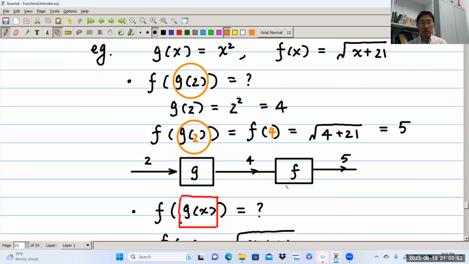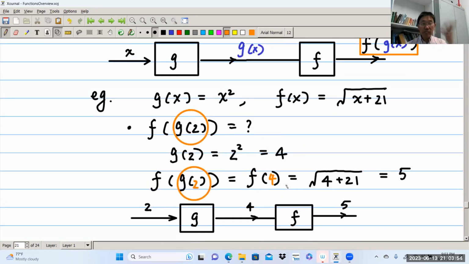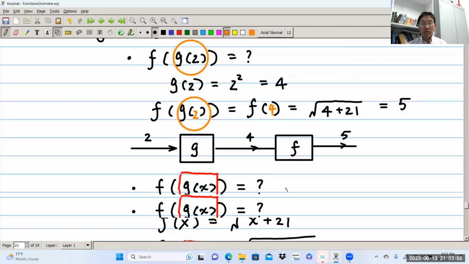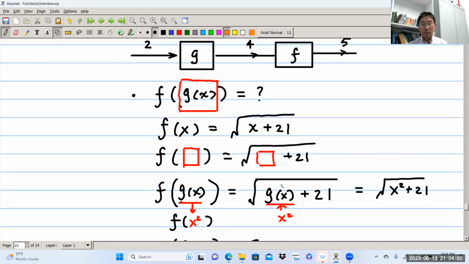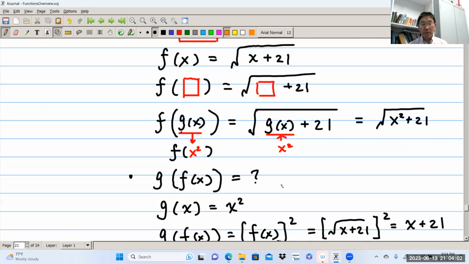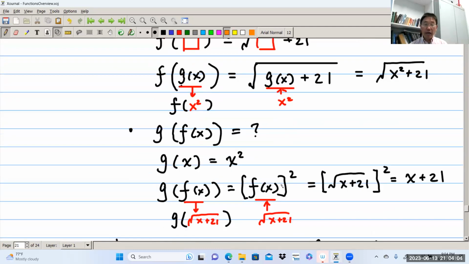Typos here. Now, if I switch the order, suppose I supply X to F, then use the output of F as the input of G. I switch the order of these two machines in this chain, and you get different products, as you can see.